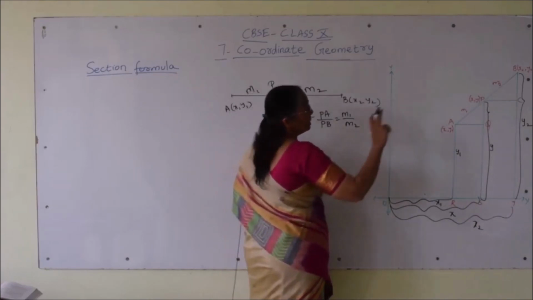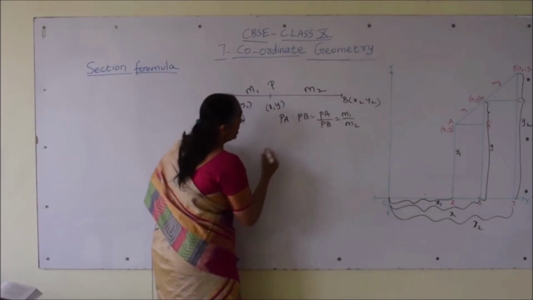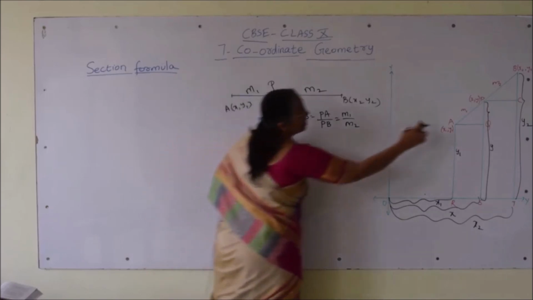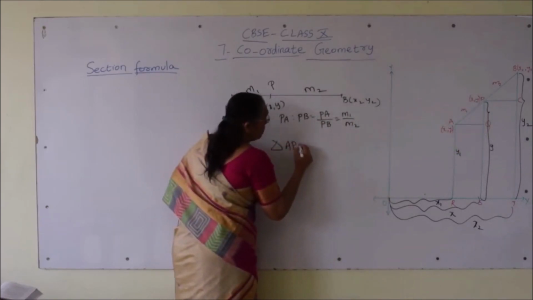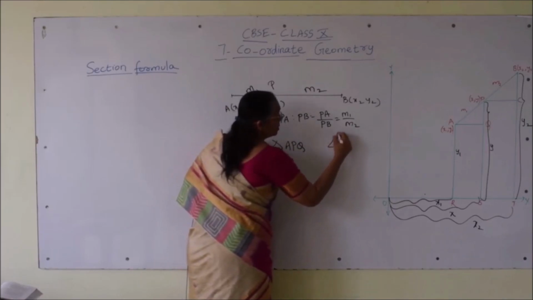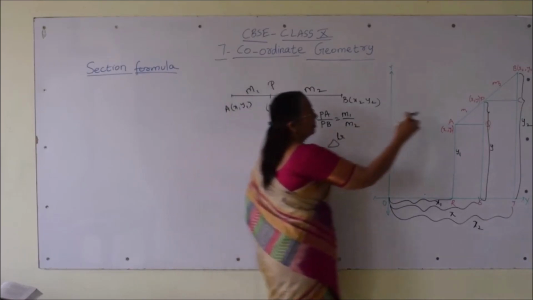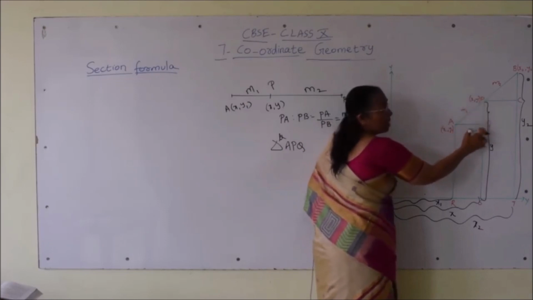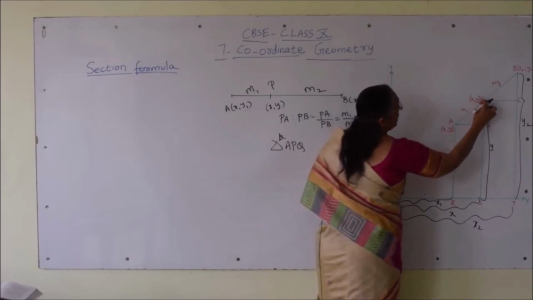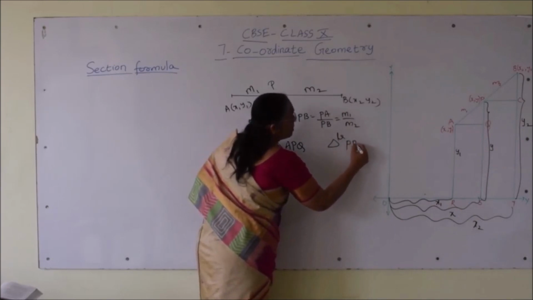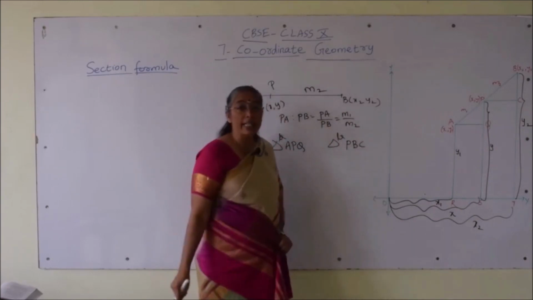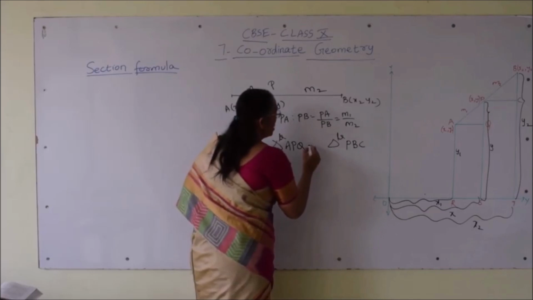Now, consider the two triangles: first triangle APQ, and triangle PBC. We can say that these two triangles are similar.